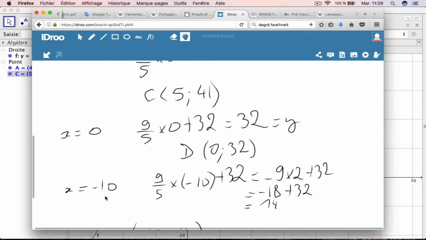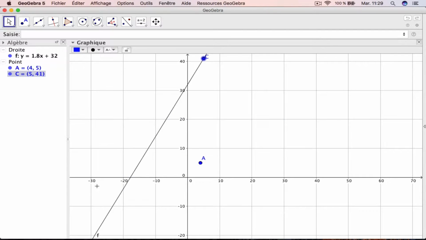It was D 032. So let's put D equals 032. Okay. And E, which is equal to minus 10, 14. And we've got the 3 points on the line. So we get a line that represents all the temperatures in Fahrenheit degrees when we know Celsius degrees.